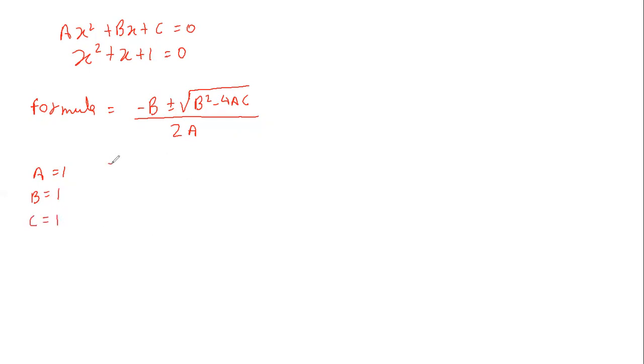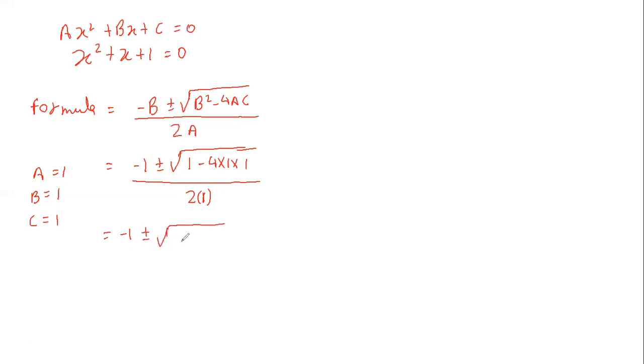So if I try to figure out the roots of this equation, minus b, that is minus 1, plus minus under root b square is 1 square, that's 1, minus 4 into a into c over 2a. a is 1. If I take plus, I'll get one root.